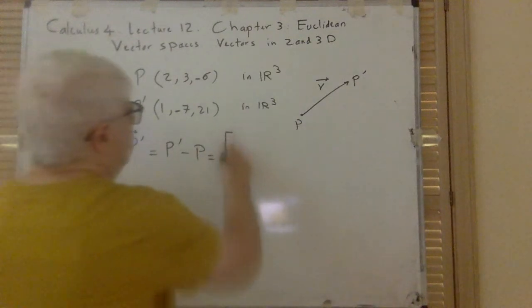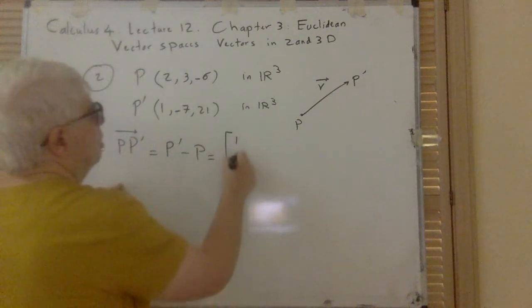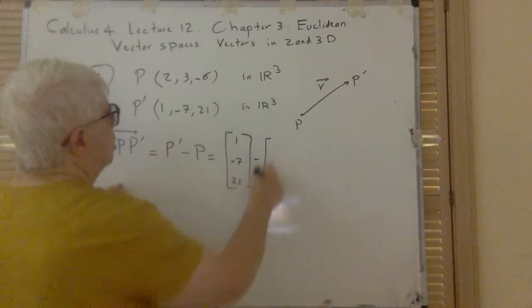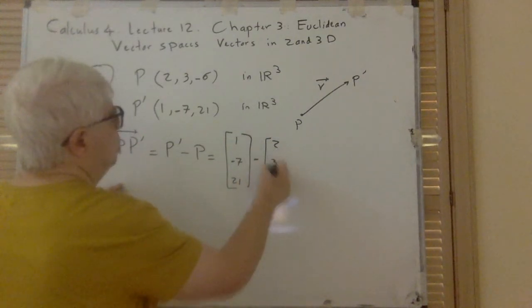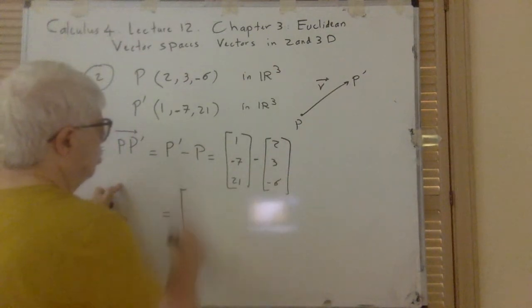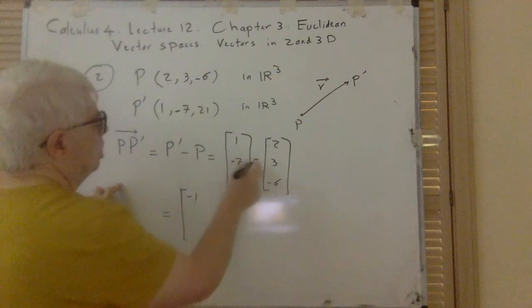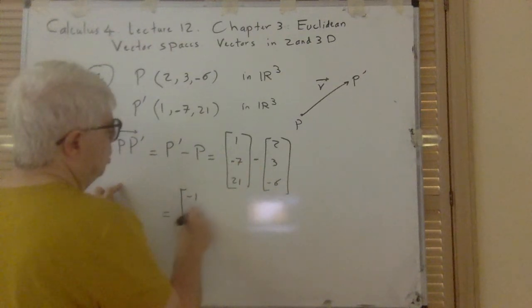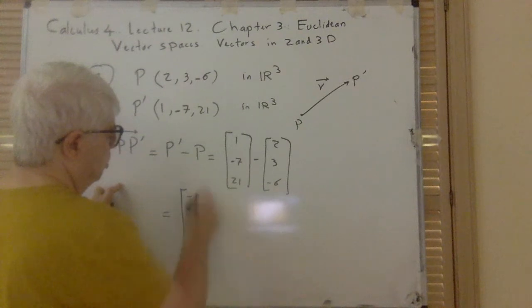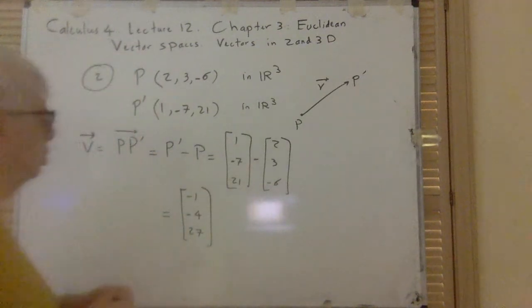As I said, you can say it is P prime minus P, and that is in fact 1, minus 7, 21 minus 2, 3, minus 6. So 1 minus 2 is negative 1, negative 7 minus 3 is negative 10, and 21 plus 6 is 27.